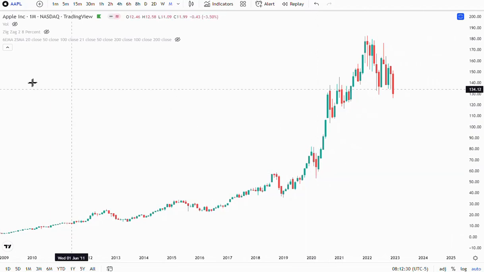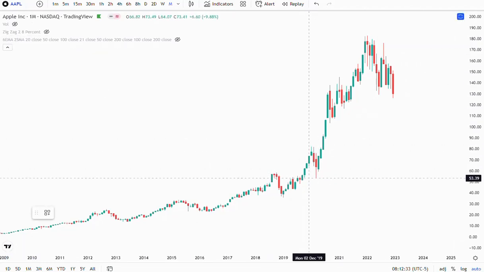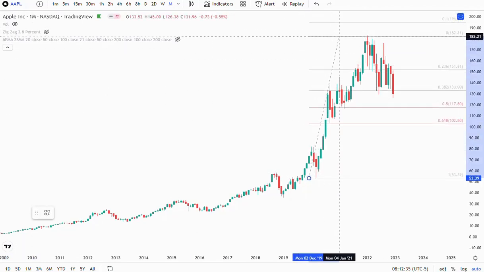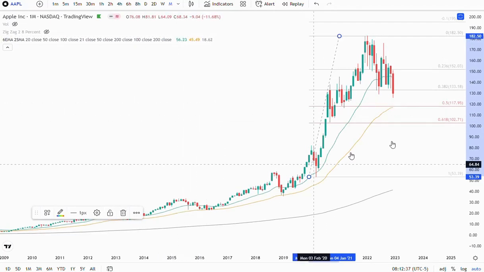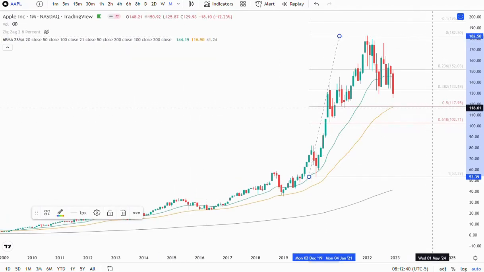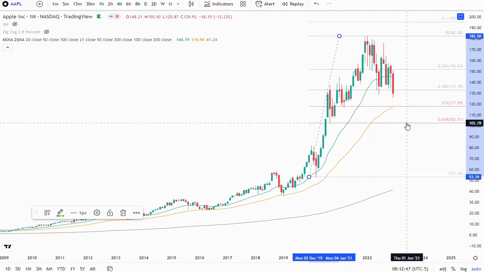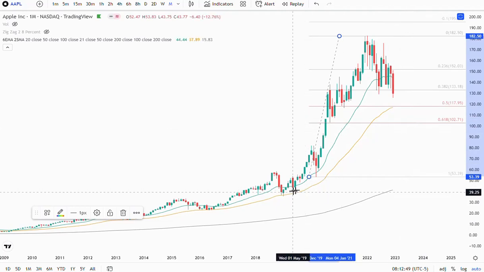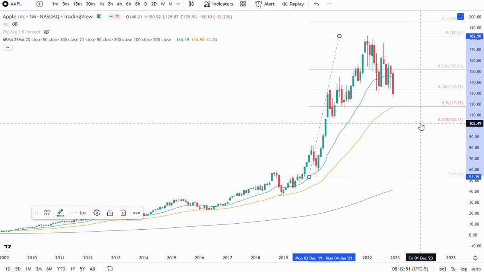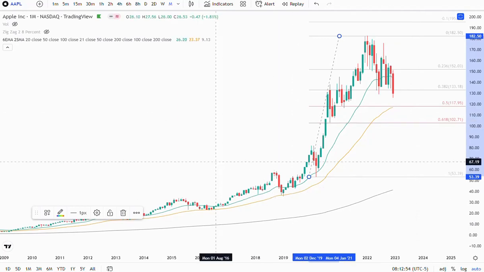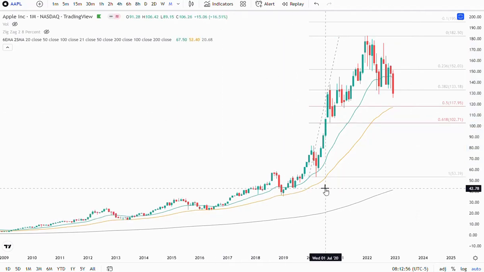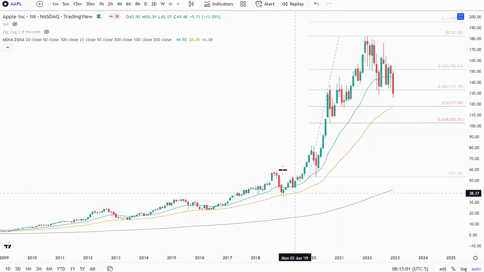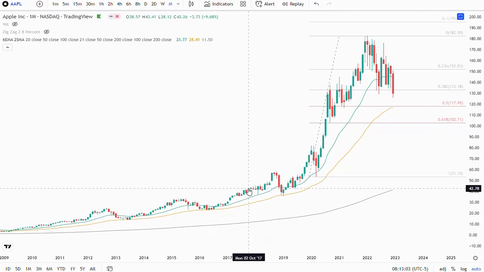Now, if I draw a fib from the COVID lows right here to the all-time high right here, the 50% retracement is around 118, and that's also where the monthly 50 EMA is. The 61.8 retracement from the COVID lows to the high is around 103. So in the past, we've seen that it has retraced at least 50%, and on one occasion, to 61.8 of the move.